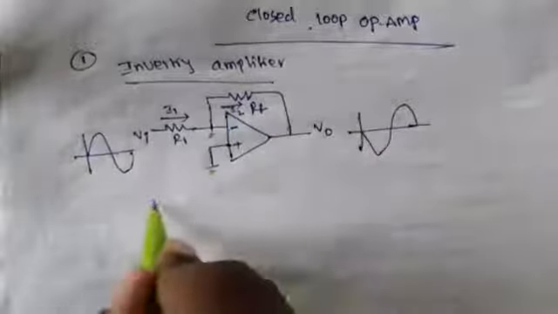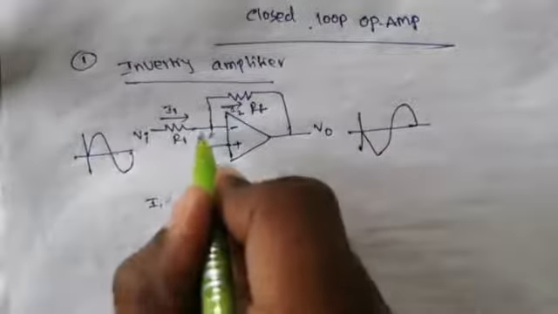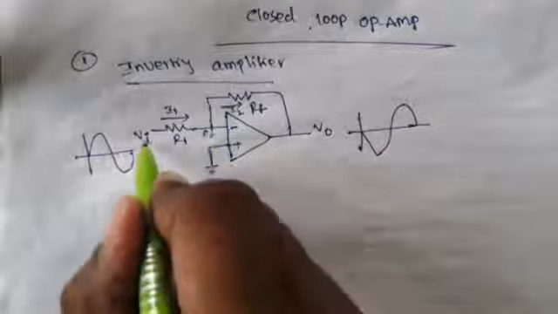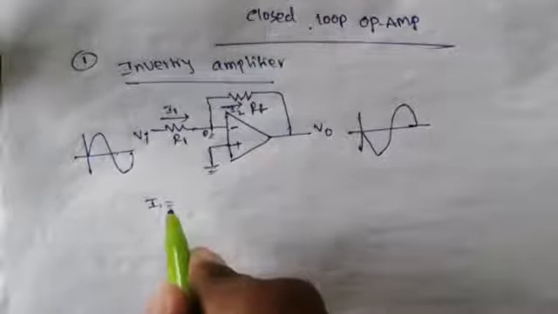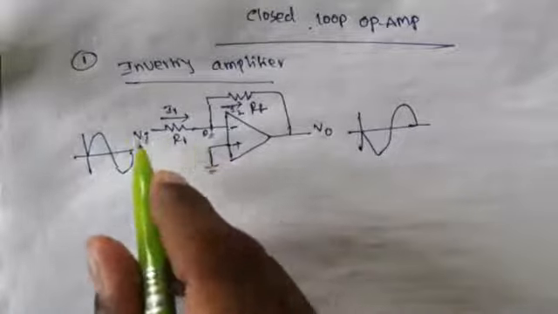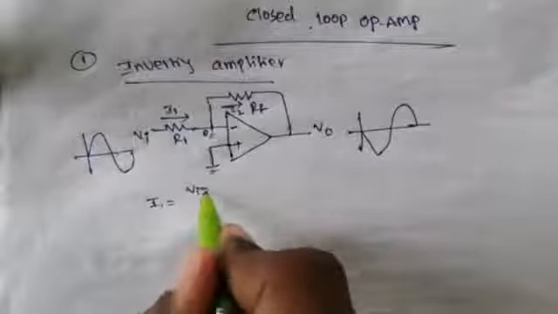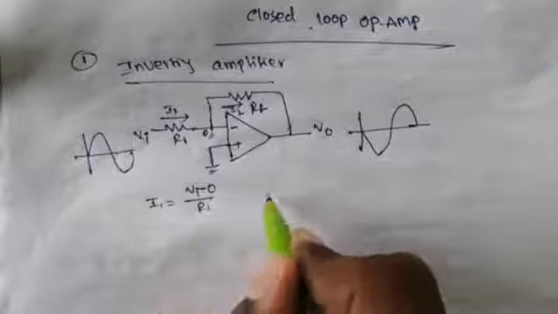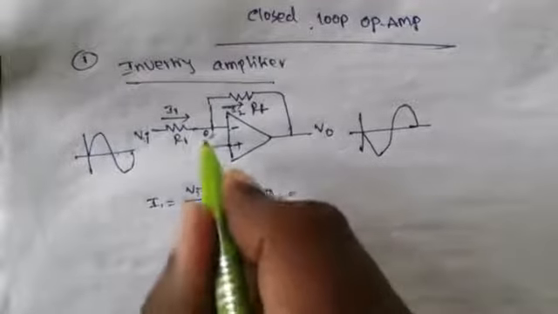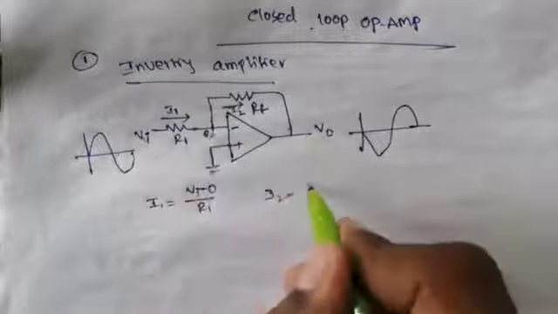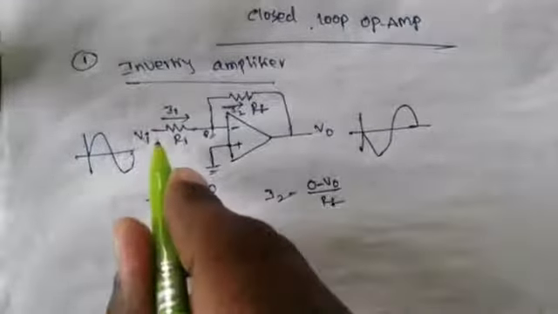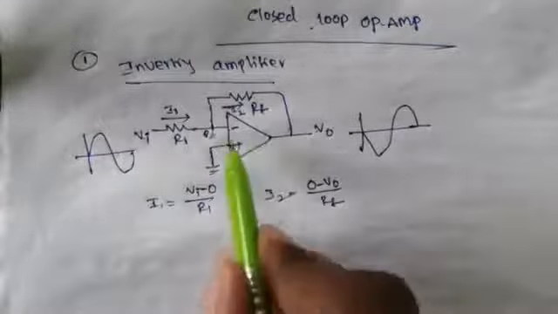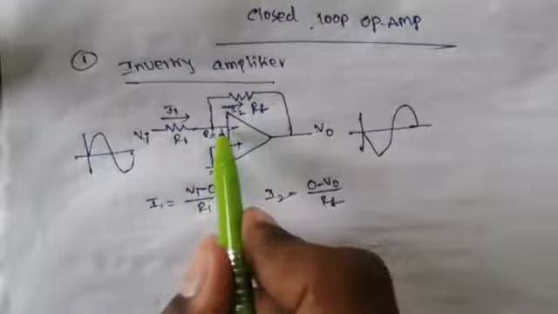Now you can calculate I1. This is the ground supply, so I1 is equal to Vi minus 0 by R1, since current is voltage by resistance, and voltage means the difference between these two potentials. Similarly, I2 is equal to 0 minus V0 by RF. An ideal operational amplifier does not draw any current into the operational amplifier.